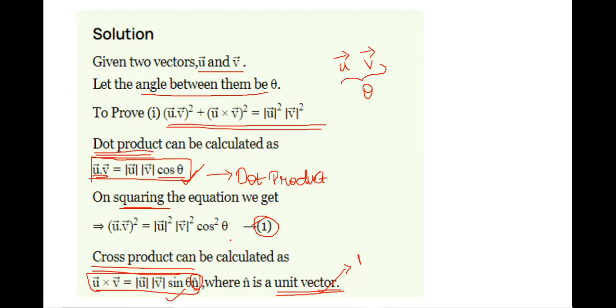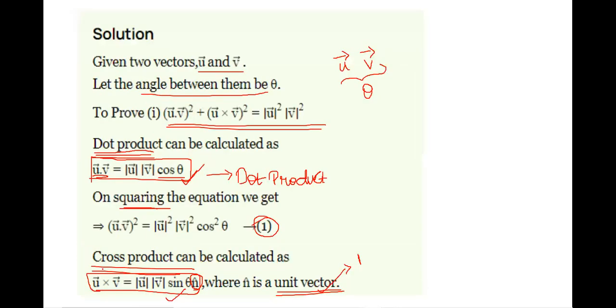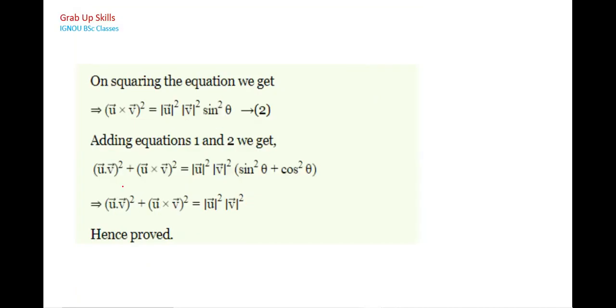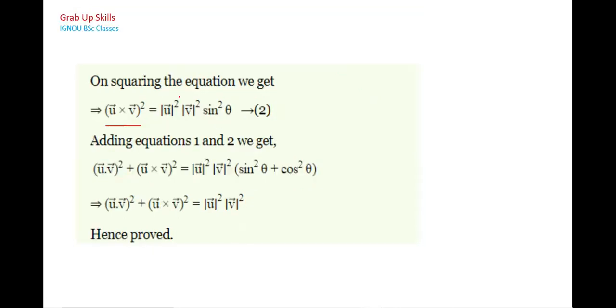So in the next step we will square on both the sides. So u vector cross v vector, the whole square, is equal to magnitude of u vector square into magnitude of v vector square into sine square theta. Yes, we have got this.